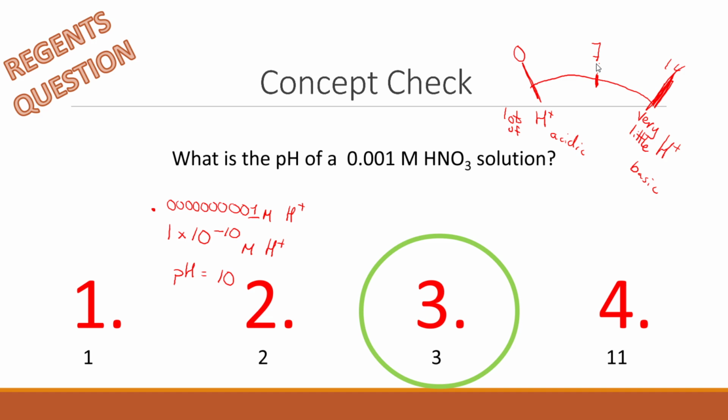Right? When we have water in the middle, it's not that there's lots of H plus or very little H plus. There's an exact middle amount of H plus. Right? When we look at water, it's exactly even H plus and OH minus.